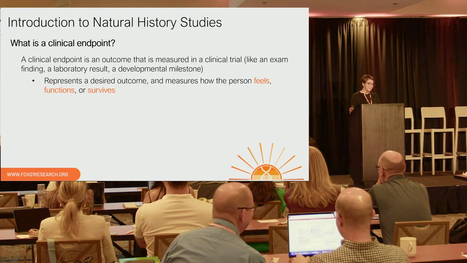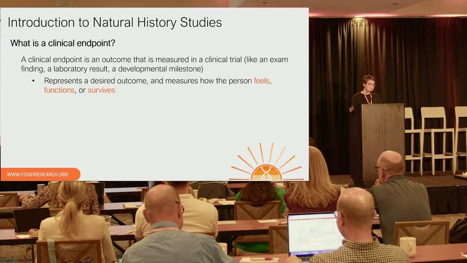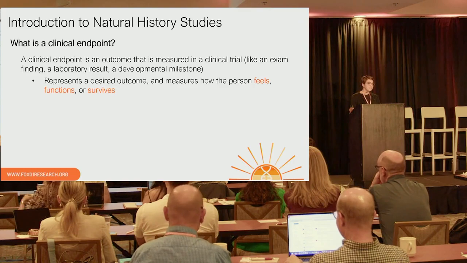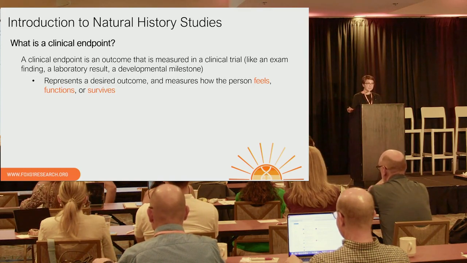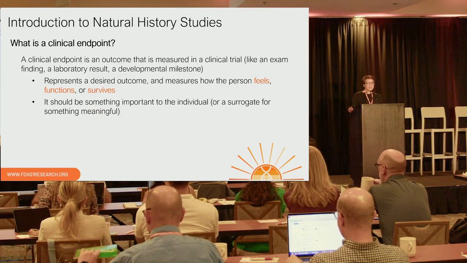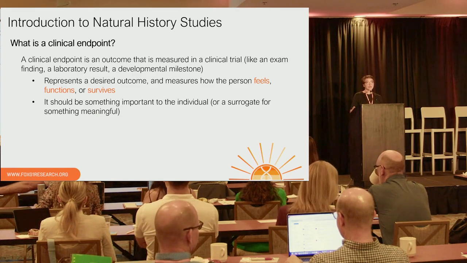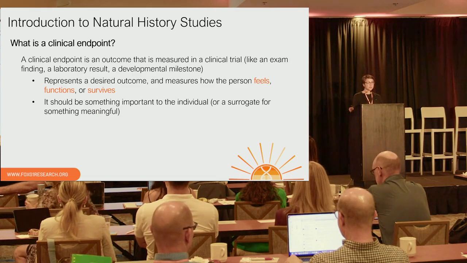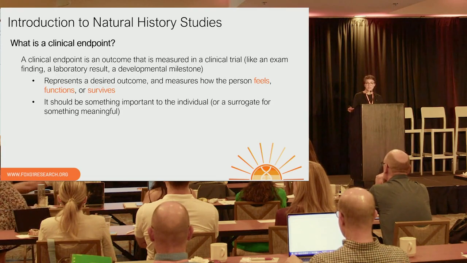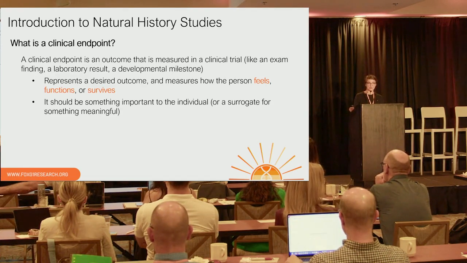But importantly, it should represent a desired outcome and measures how a person feels, functions, or survives. And it should be something meaningful to the person or a surrogate for something meaningful. So it's not very helpful to demonstrate change in a feature that people don't really care about or do not feel to be problematic.